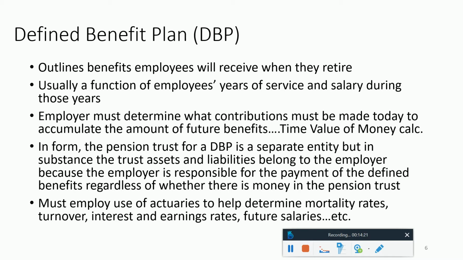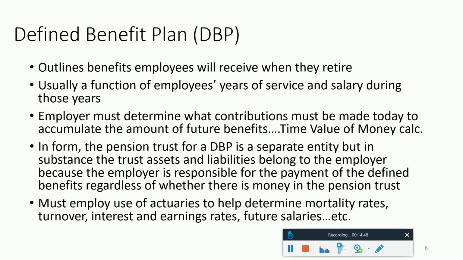Now, what makes defined benefit plans so challenging is because you are promising a specific benefit in the future, right? You have to account for a whole host of variables. For example, how long is your employee going to live? What's their mortality rate? What is the turnover, right? How many years is your employee going to work for you?